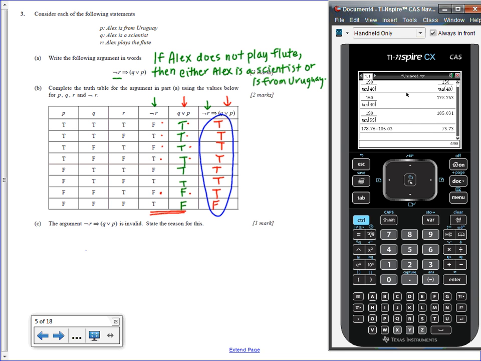So not all entries in the final column are true. And there are other ways to say that. They might accept the argument is not a tautology because not all the statements are true. In some way, you need to get across the idea that you have one false in that final column, and therefore this is an invalid argument.